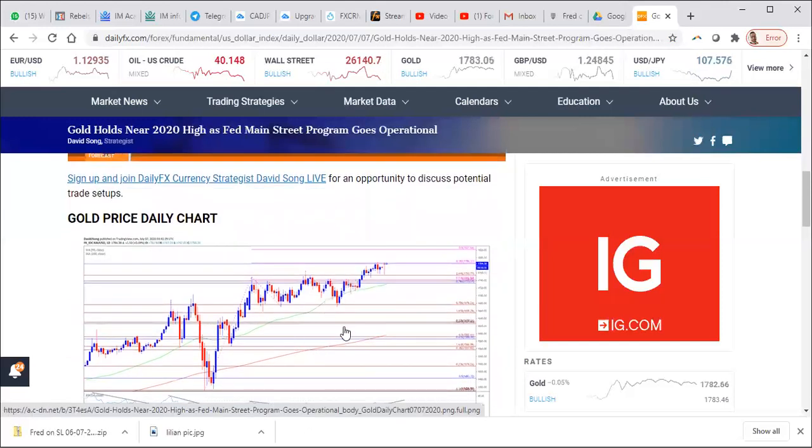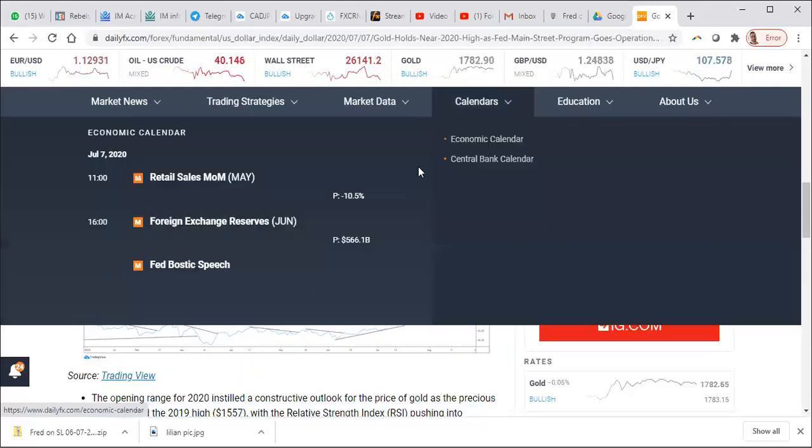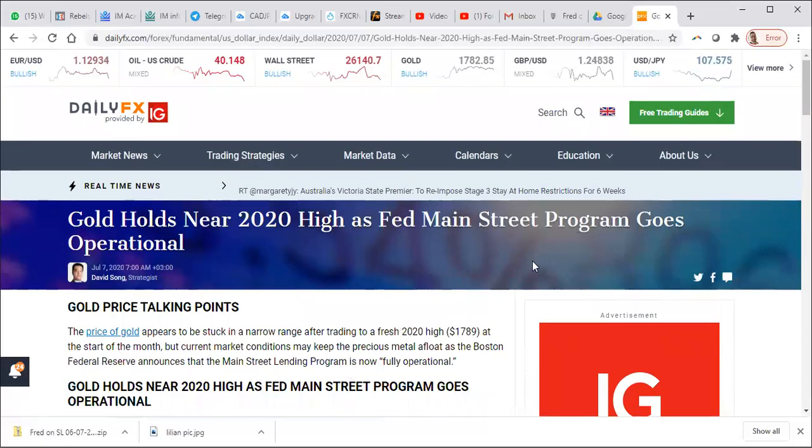Yeah, this chart just looks bullish. It will definitely retest at some point, but it's on a bullish run. So that's gold. I'm still bullish on that.